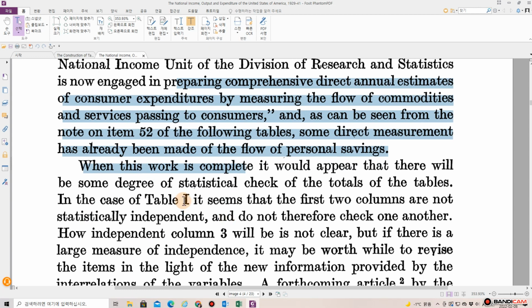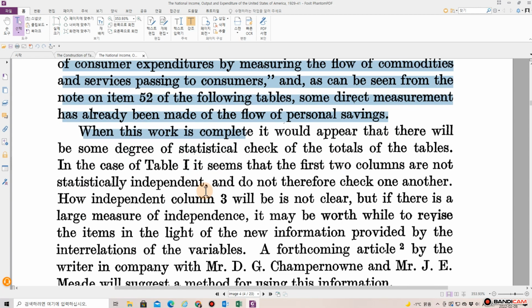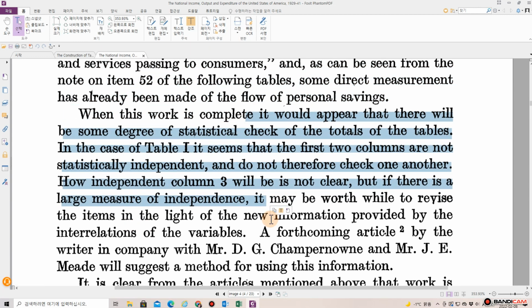When this work is complete, it would appear that there will be some degree of statistical check of the totals of the tables. In the case of Table 1, it seems that the first two columns are not statistically independent and do not therefore check one another.